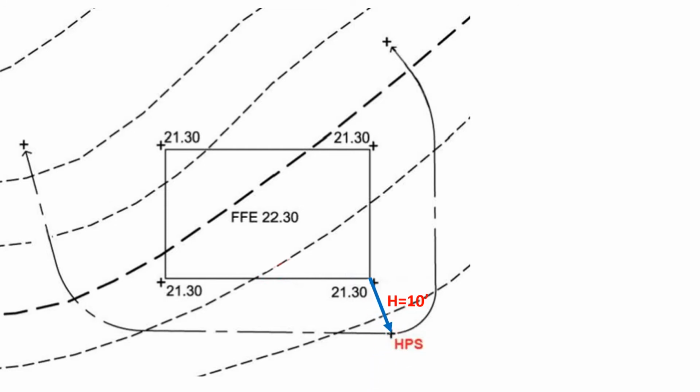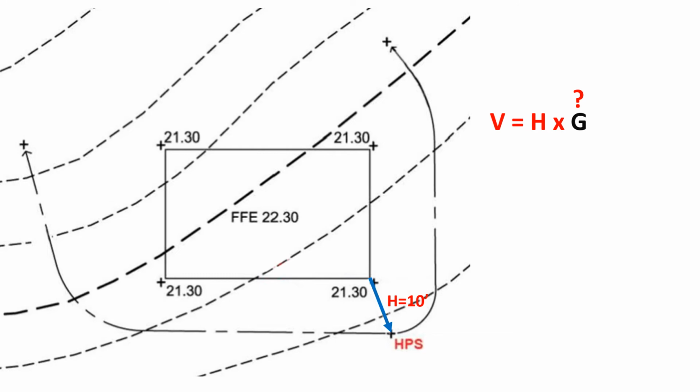Let's say H here measures 10 feet in our example. In order to calculate the HPS elevation, we're trying to find V, so we're using the V equals H multiplied by G equation, right? We're still missing the G here, aka the slope, to calculate V.